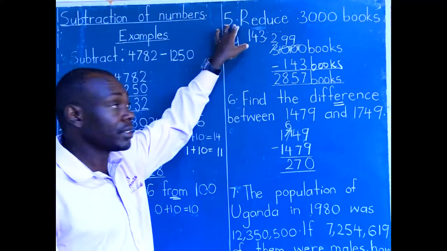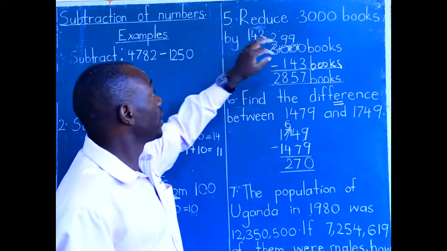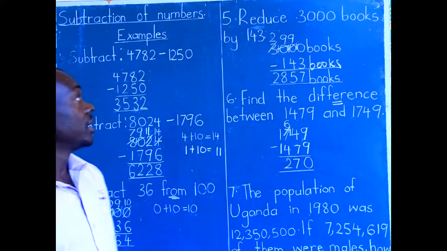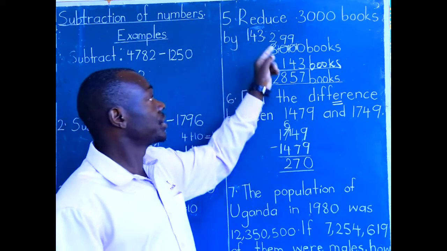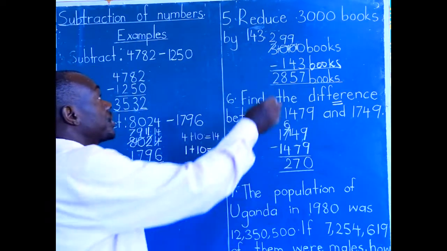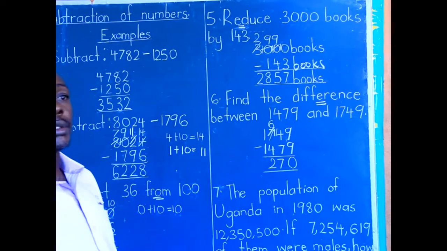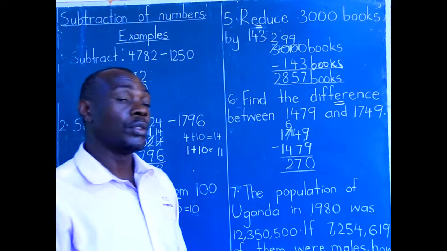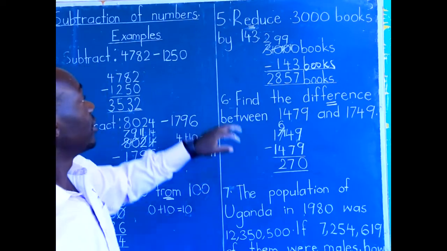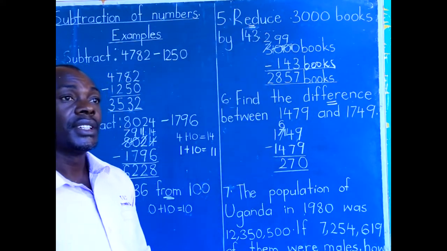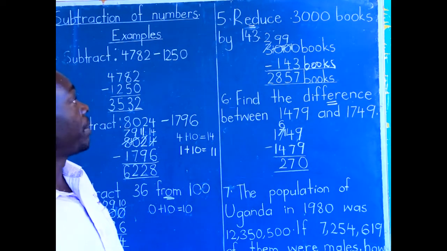It reads, reduce 3,000 books by 143 books. Here the key word is reduce. To reduce is to take away or to subtract. Now, by telling you to reduce, the best option is the subtraction operation.